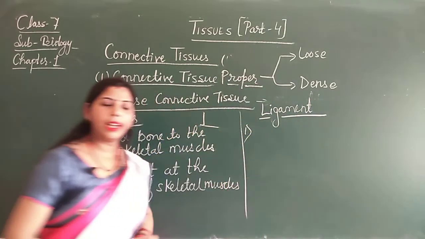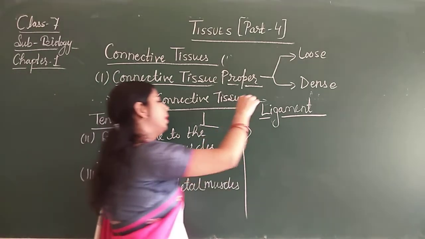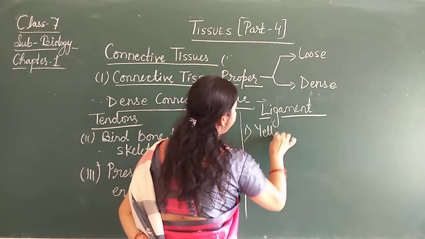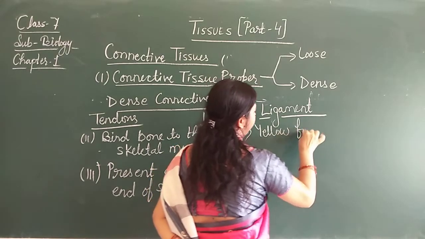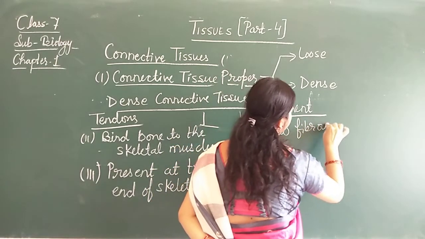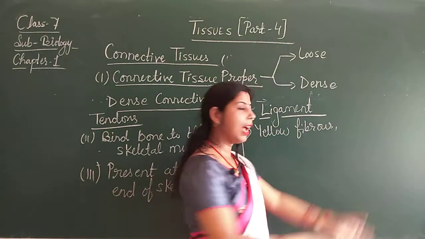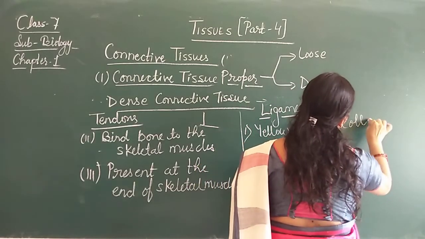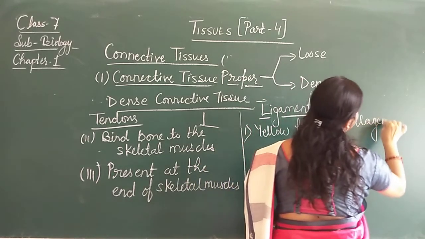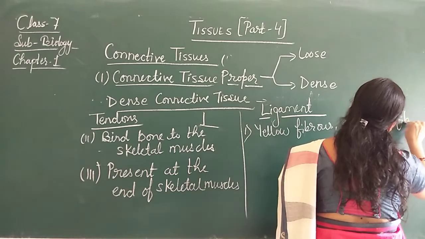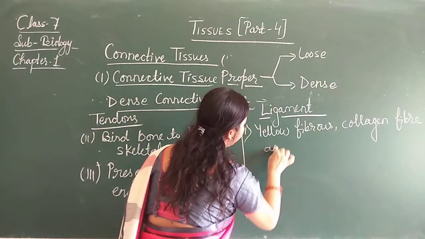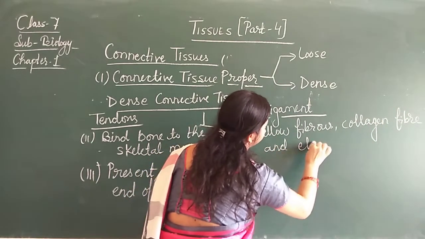Ligament is made up of yellow fibrous cells. It also has collagen fiber and elastic fiber.